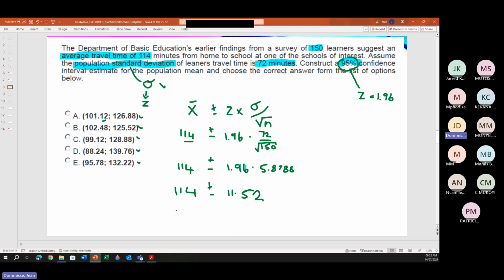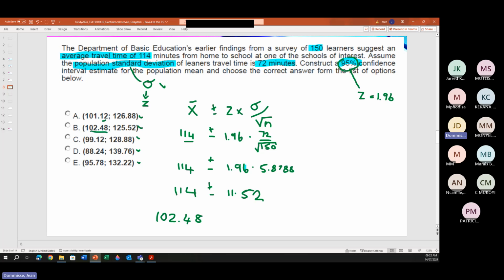So then 114 minus 11.52 gives me 102.48. Check.